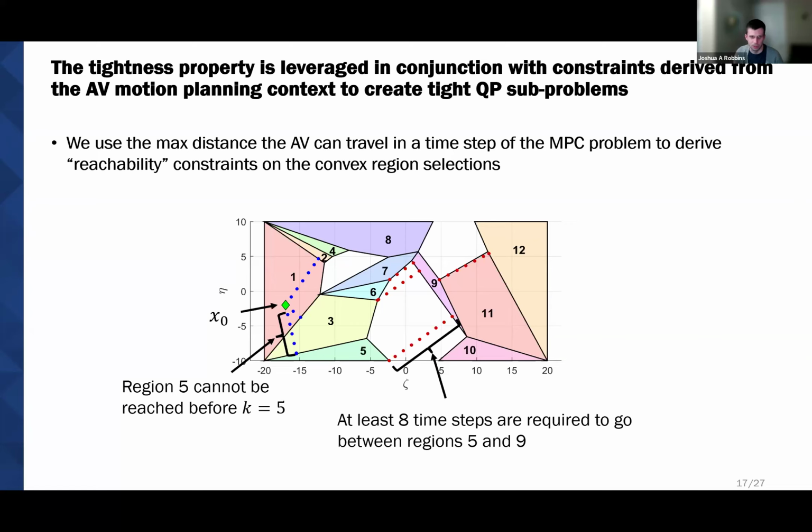For instance, we would say that region 5 here cannot be reached before time step k equals 5, where we're denoting the initial position of the autonomous vehicle with this green diamond. And then we would say that at least 8 time steps are required to go between regions 5 and 9. Again, that's based on the max distance the vehicle can travel in a time step of the MPC problem.